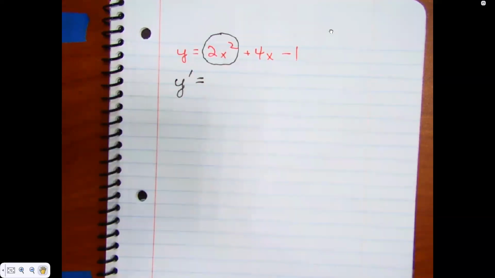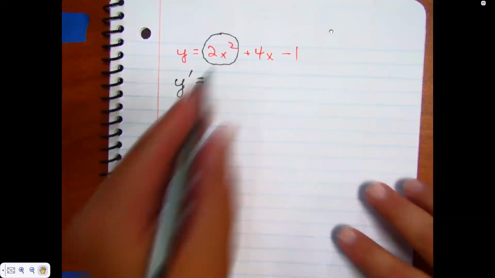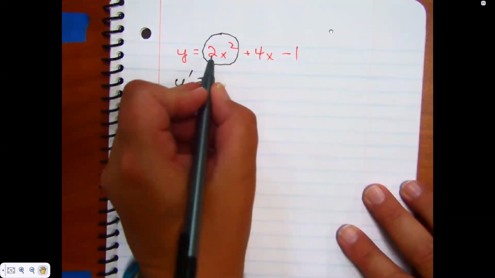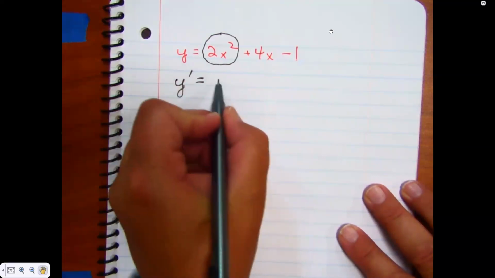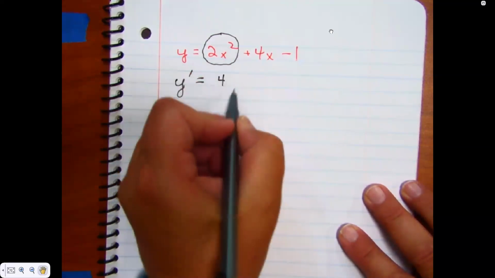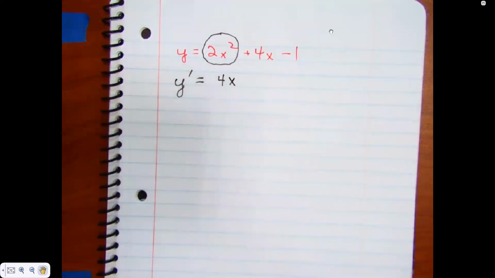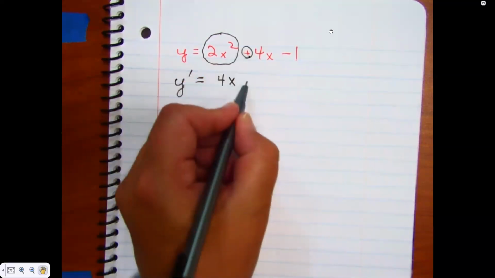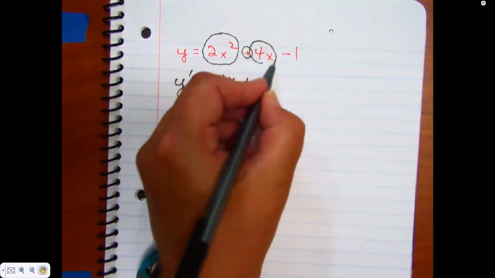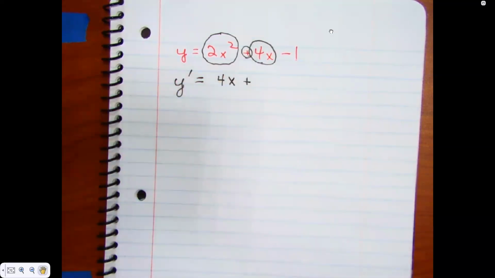Roll it down, subtract 1. What do I do if I roll it down and there's a number there? Multiply. So 4, and if I subtract 1, that gives me x to the first. Plus, all right, what's the derivative of this guy? 4x, the derivative is going to be 4.